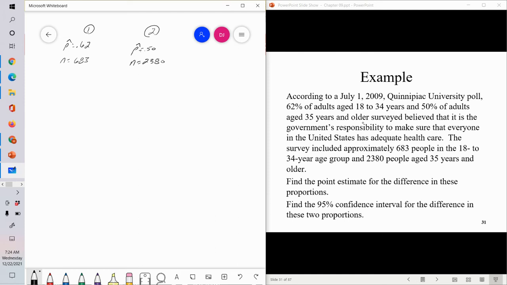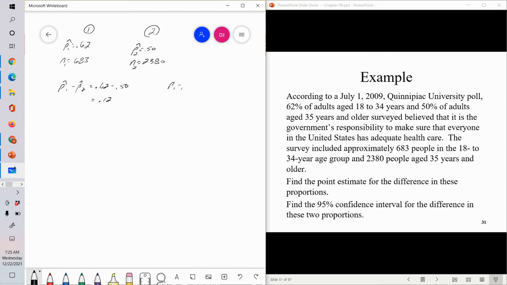Now, group 1, I'm going to call this p hat 1 and n1, p hat 2 and n2 for the two different groups. Now, p hat 1 minus p hat 2 is 0.62 minus 0.50, and that's 0.12. Therefore, the difference in my sample proportions is 0.12, or 12%.